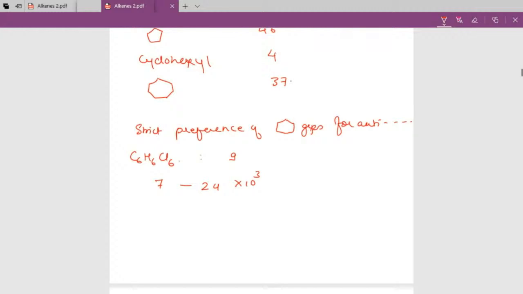If that is so, almost all are reacting. But one particular isomer is found that does not react at all. It is this one, in which all our chlorines are equatorial.